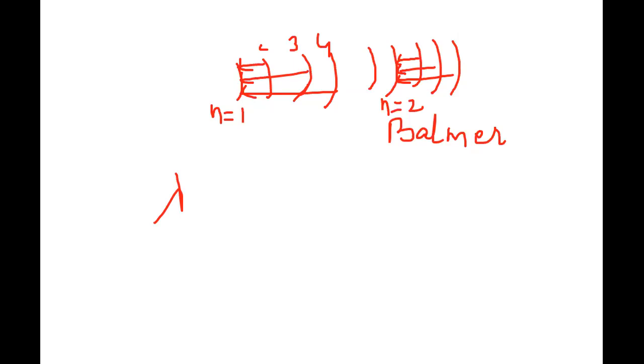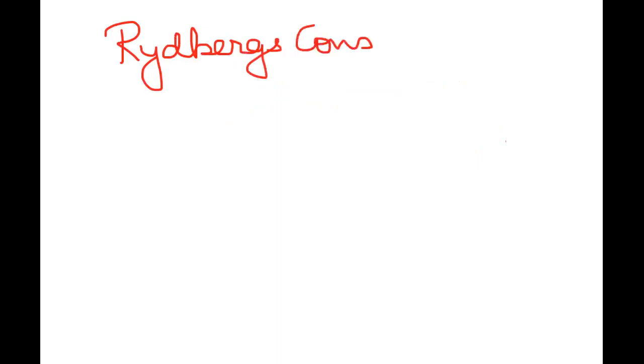Now, if I have to derive the value of the Rydberg's constant, remember, the formula determines the wavelength of a light emitted by an electron which is moving between the energy levels within an atom, usually from a higher level to a lower level, that is, a photon is emitted.